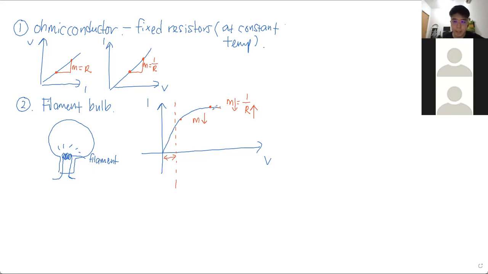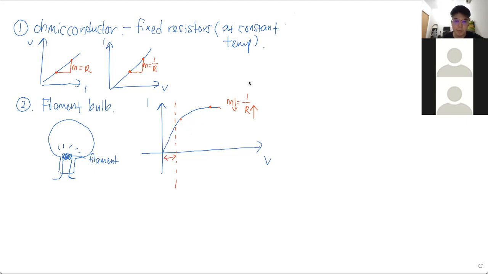This graph is telling you that the resistance is increasing. That's why when you increase the voltage, the current only rises a bit. Because in this area where it flattens, the current only increases a bit compared to initially, where it rises a lot.